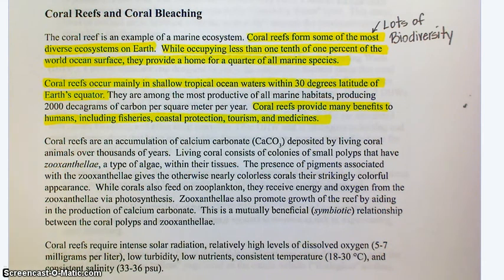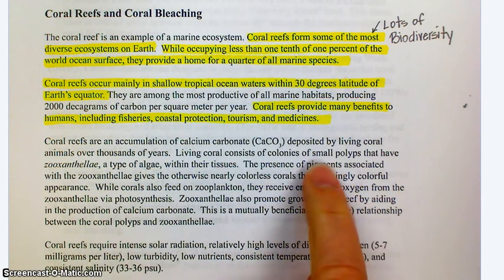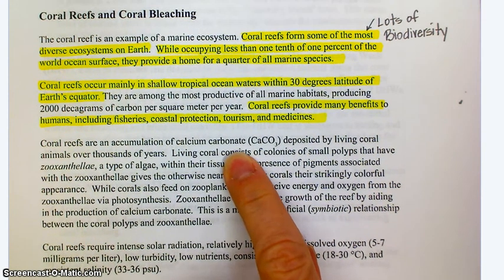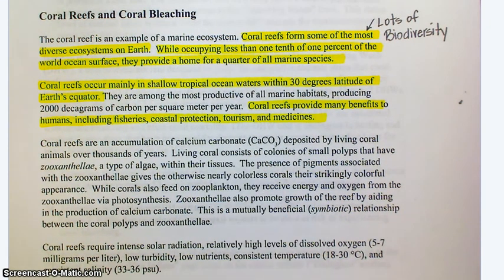Zooxanthellae, which is the algae within them, also promote growth of the reef by aiding in the production of calcium carbonate, which is, remember, the mineral that is used to build the coral reefs. Okay, so this is a mutually beneficial or symbiotic relationship between the coral polyps and zooxanthellae.